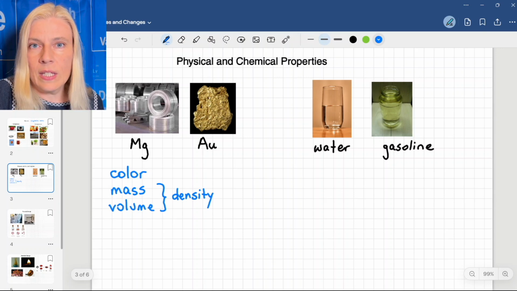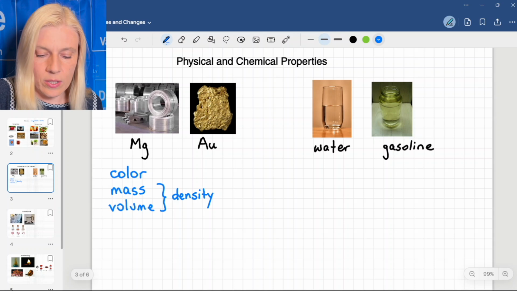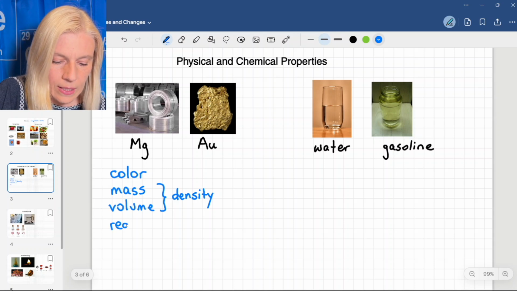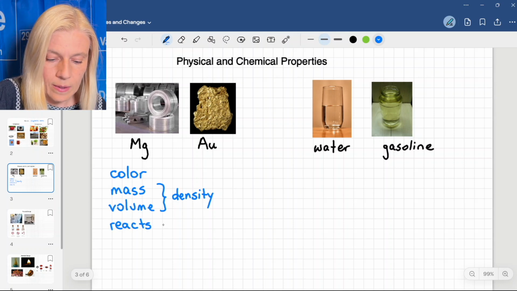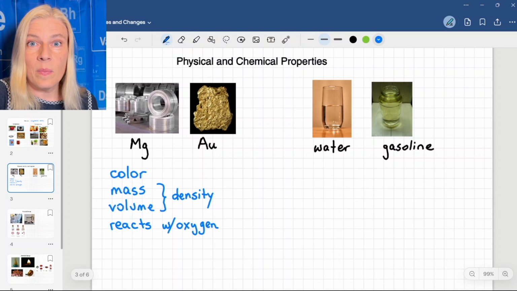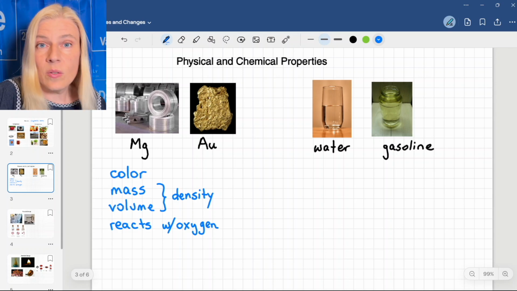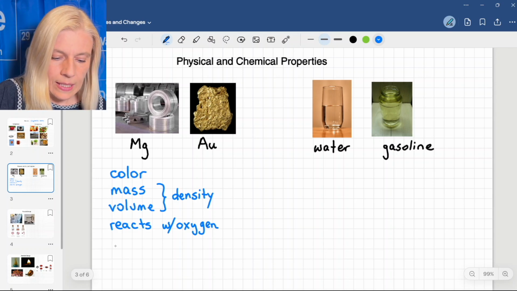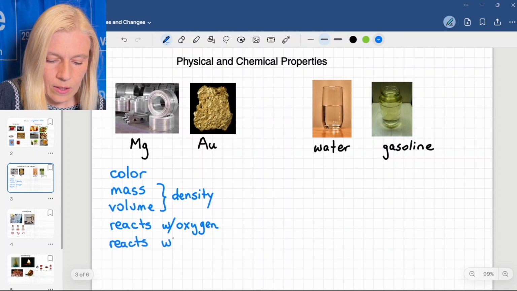I can also see how this metal reacts with oxygen. Does it react with oxygen? Does it rust? Magnesium will rust. Gold will not. We can also talk about how it reacts with acid. Does it react with acid? Its reactivity.